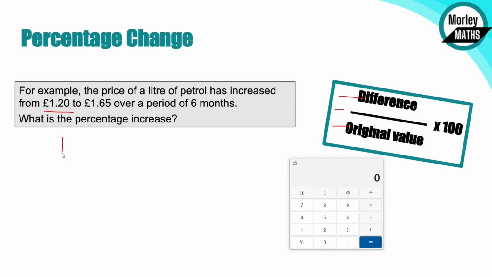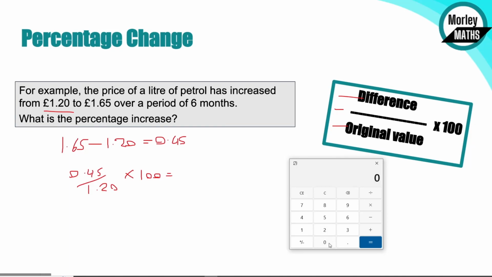So the difference between these: we've got £1.65, we'll just take off the £1.20, which equals 0.45, so 45p. I'm going to do 0.45 divided by 1.20, and then whatever your answer to that is, we'll times it by 100, and that will give us the percentage that this has gone up by. So let's have a look on the calculator.